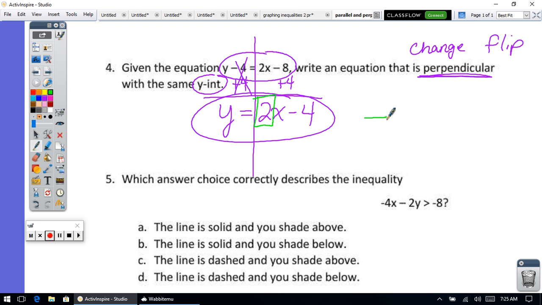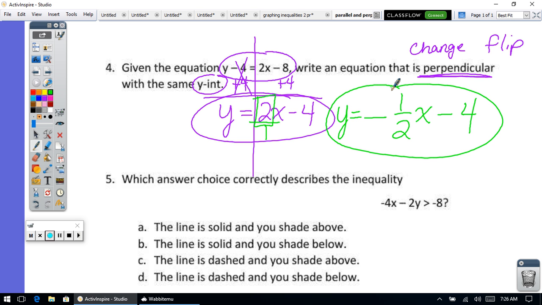But if I were to flip this 2, it's actually 2 over 1. If I were to flip that upside down, that would be 1 over 2. And we're going to use the same y-intercept. Notice that the equation in purple is not the same as the equation in green. That's why you can use the same y-intercept. So don't forget, change flip for perpendicular on the slope there.